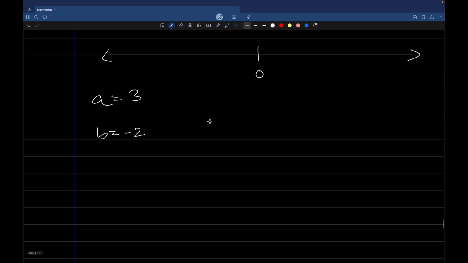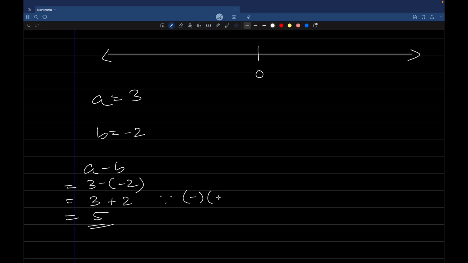We will get a minus b, that is equal to 3 minus of -2, that is equal to 3 plus 2, which is 5. Why? Because minus into minus is plus.